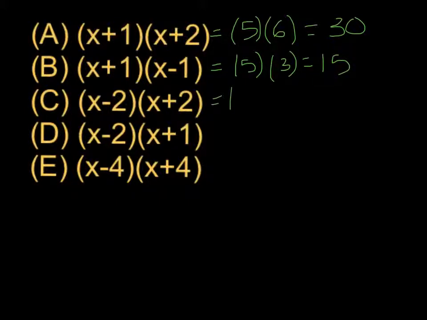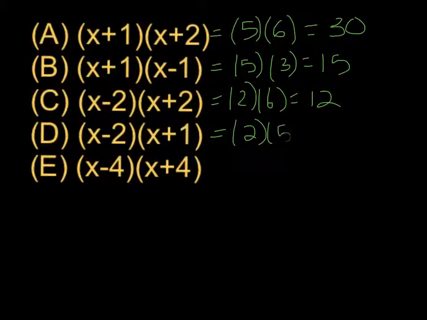Then we do 2 times 6, which is equal to 12. Then 2 times 5, which is equal to 14. And then we do 0 times 8, which is equal to 0.